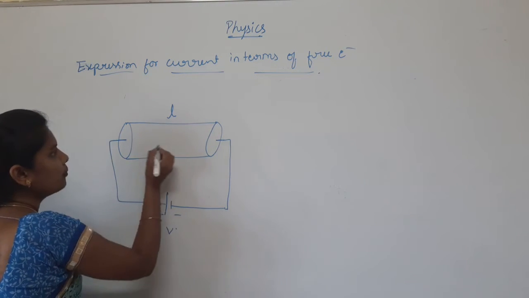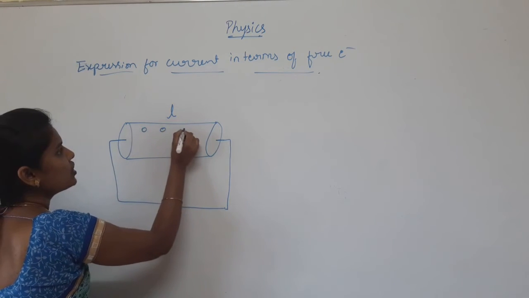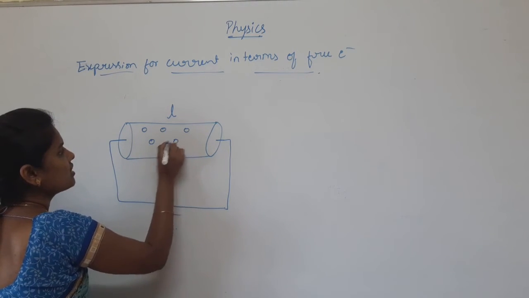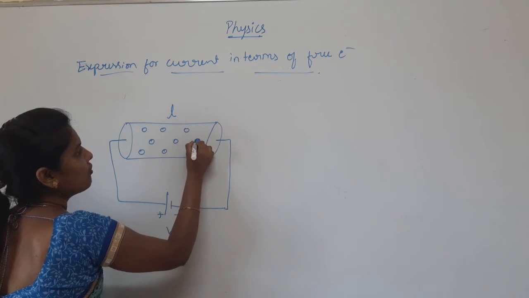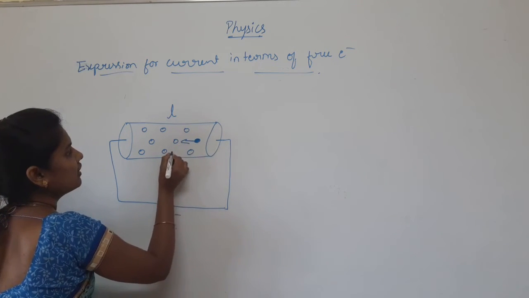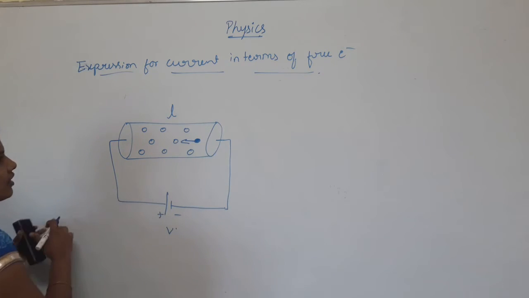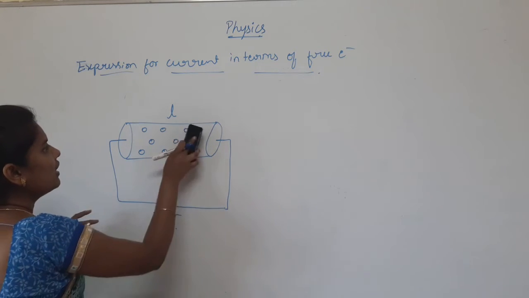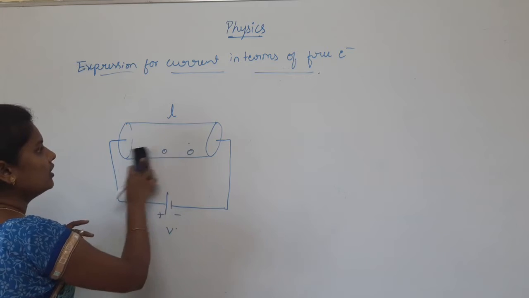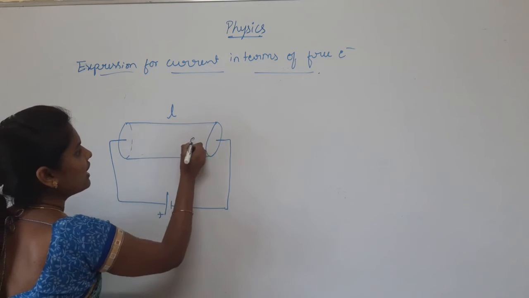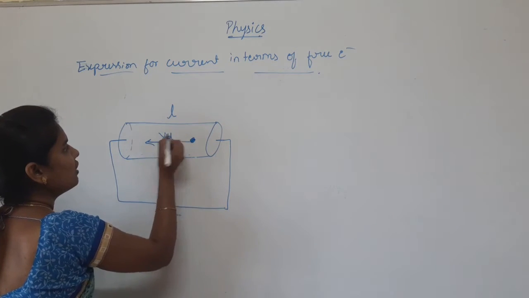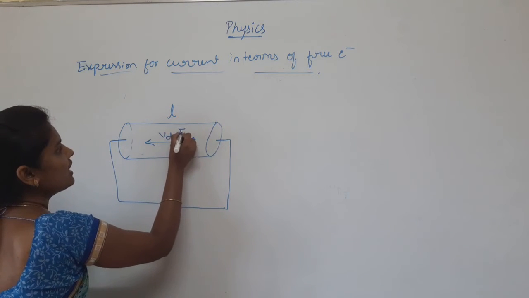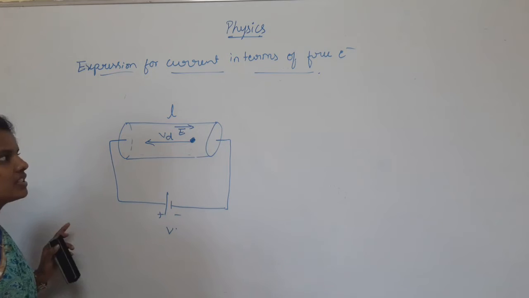Here also there are positive ions in the metal, and this is a free electron, which moves with a drift velocity.